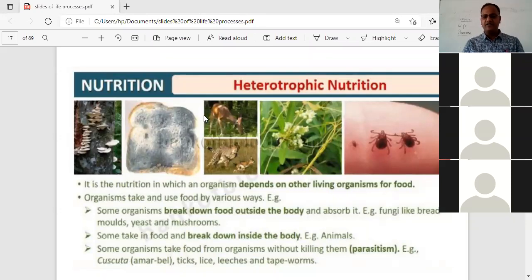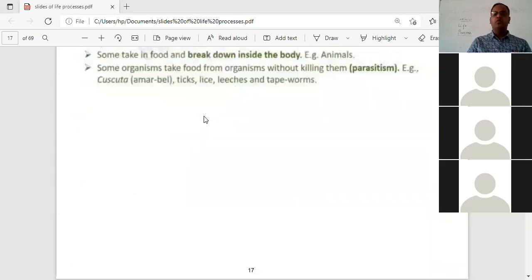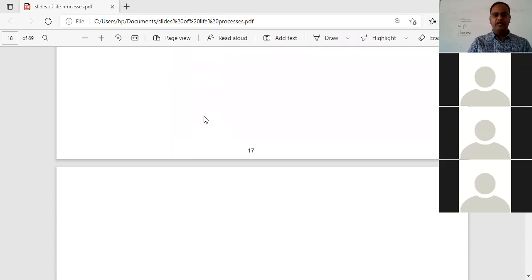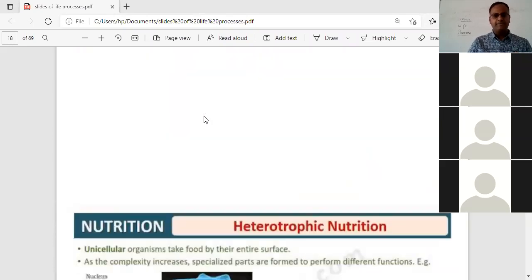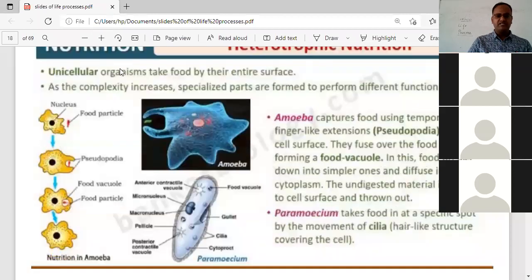Now, students, whenever we are discussing heterotrophic nutrition, we have to discuss one very important component, and that is nutrition in amoeba. This is very, very important. Amoeba, students, is a unicellular organism.